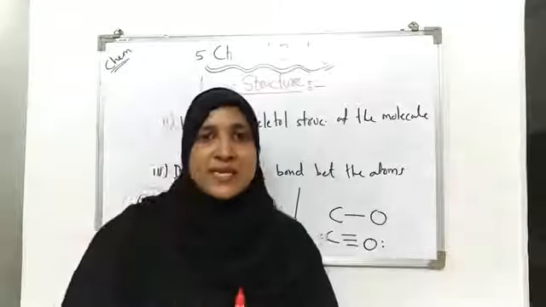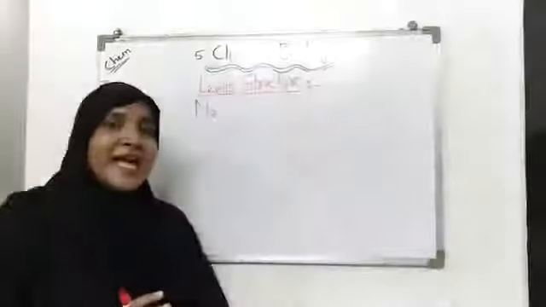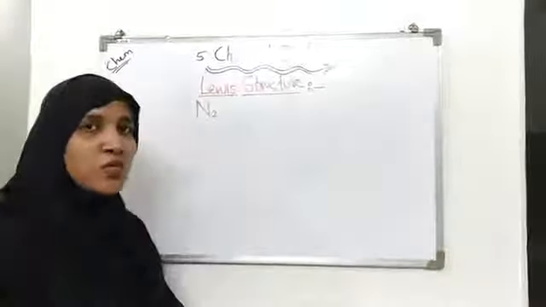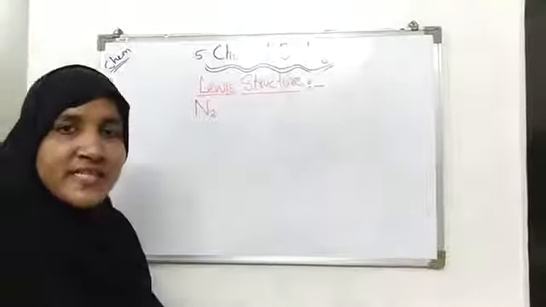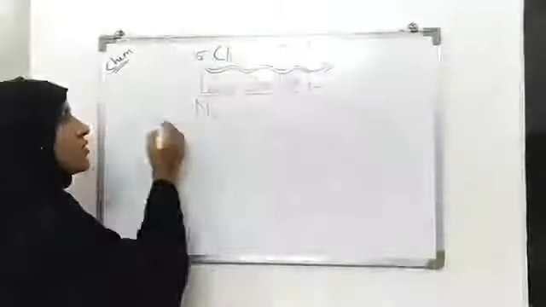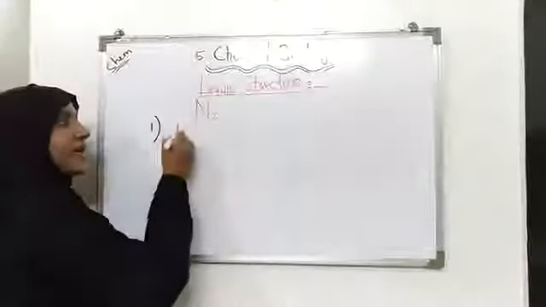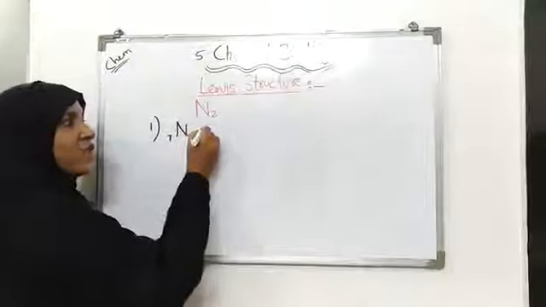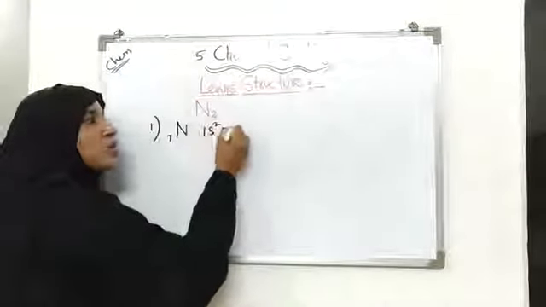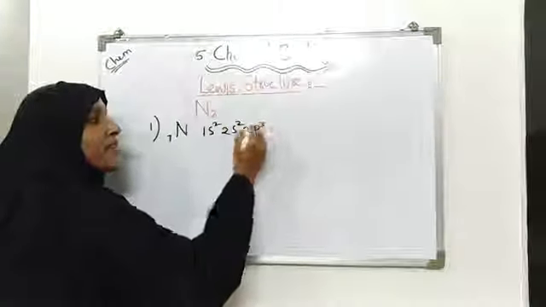ओके, लेट्स सी वन मोर एग्जांपल। टेक द एग्जांपल ऑफ नाइट्रोजन मॉलिक्यूल, N2 मॉलिक्यूल। तो व्हाट वाज आवर फर्स्ट स्टेप? The first step is to count the total number of valence electrons. So we know that nitrogen has the electronic configuration 1s2, 2s2, 2p3.